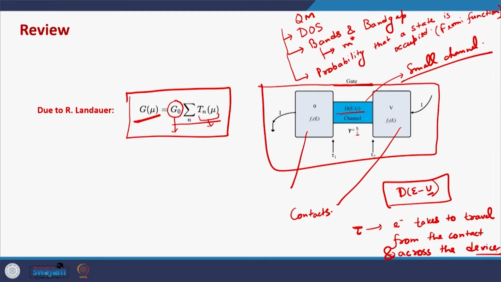So, when this channel is long, in that case tau essentially will become the transit time of the electron. Tau is dominated by the time that the electron takes to travel through the long channel.